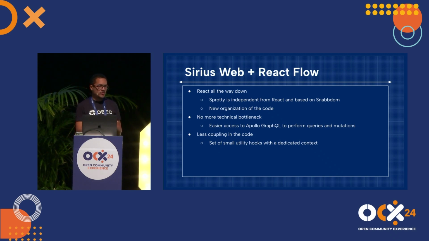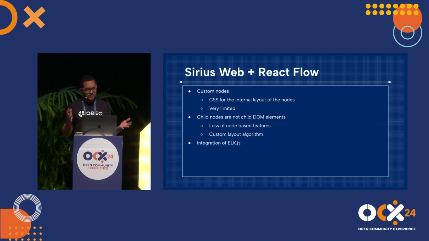And we chose to build this new solution with a lot of small React hooks, each one with a dedicated context when we needed to have some state. So the first thing we started with React Flow was to try to build a custom node and leverage CSS, since we could do everything on the front end, to compute the layout of the node.